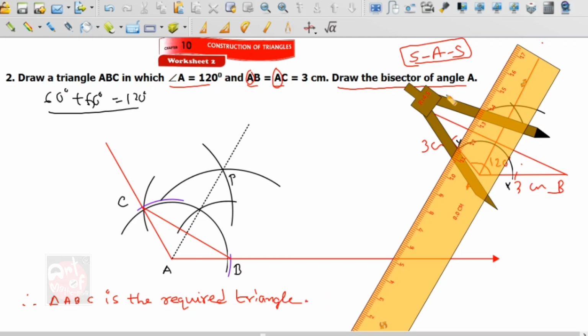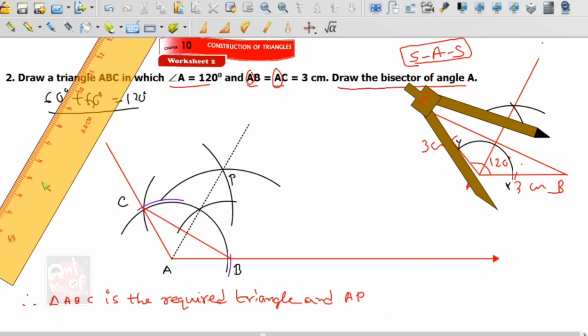Done. Now draw the angle bisector and let me write it, and AP is the angle bisector of the angle A. Got it? So this is our required construction.